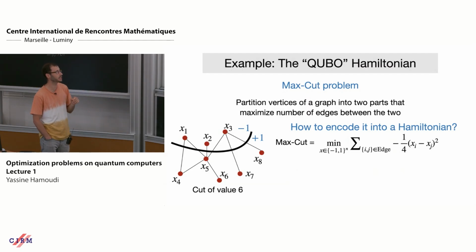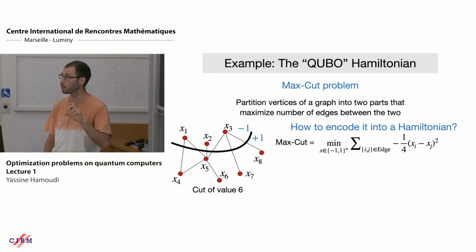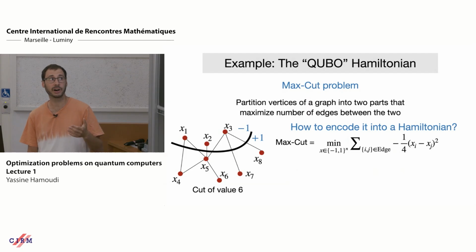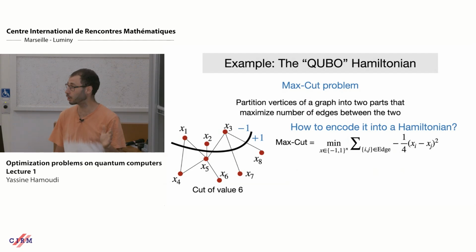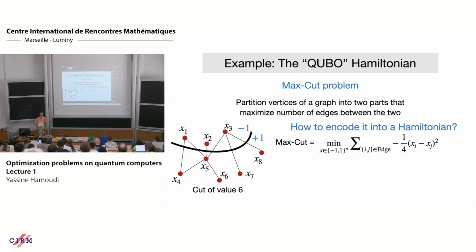For simplicity, I'm assuming that they take value +1, -1, instead of 0, 1. Now, max cut can equivalently be defined as the following thing. You want to minimize over all possible assignments to the vertices the following objective, which is a sum over all edges of -1/4 (xi minus xj) squared.